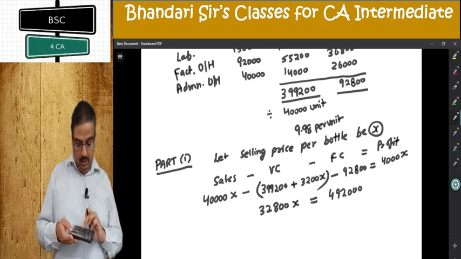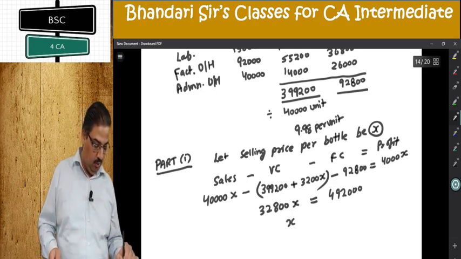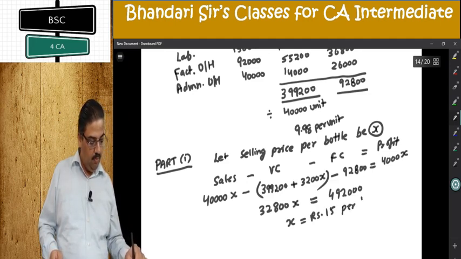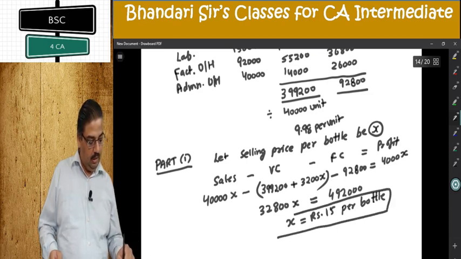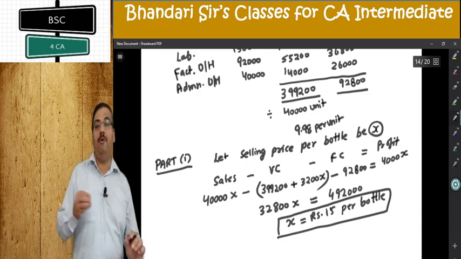Divide by 32,800. X is equal to 15 per bottle. So my desired selling price is going to be 15 rupees per bottle.